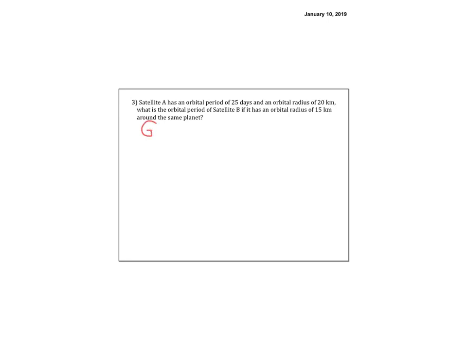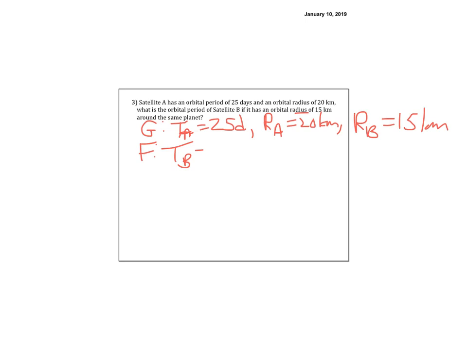So in my given, we know that TA is 25 days, and RA is 20 kilometers. So that's satellite 1. Satellite 2, satellite B, we know its radius, right? So RB equals 15 kilometers, but we're trying to find the period of satellite B because we don't know what it is.